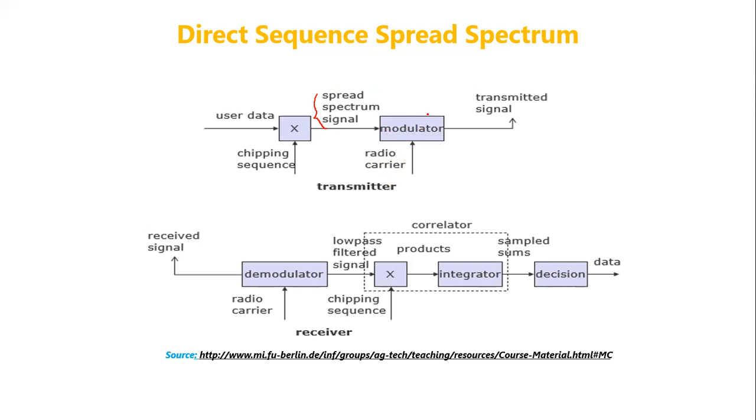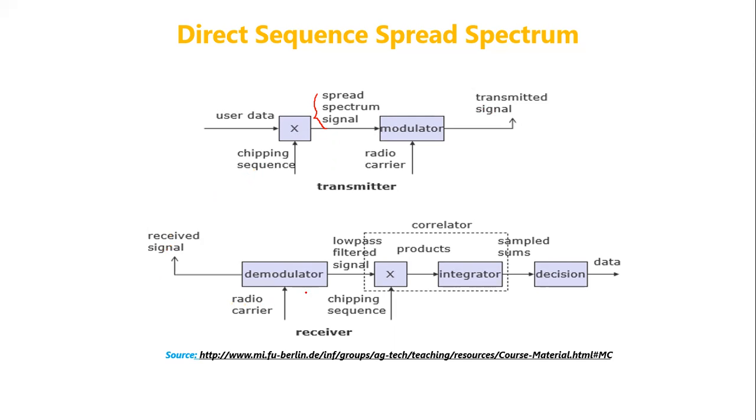Once it is modulated, it will be converted to a high frequency signal, and this high frequency signal will be transmitted over the wireless medium. The transmitted high frequency signal will be received by some receiver.